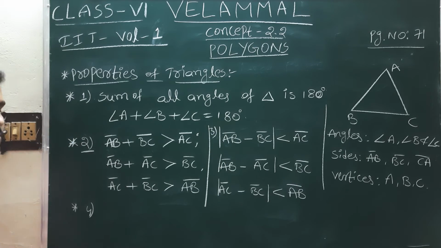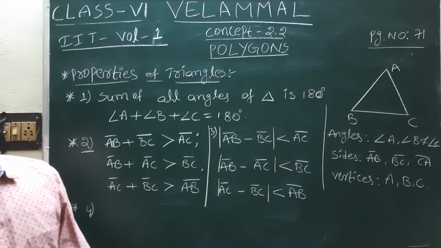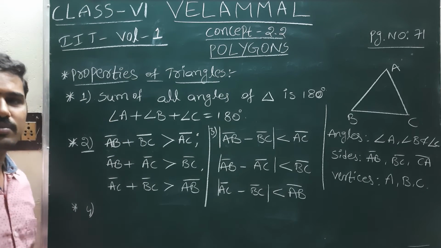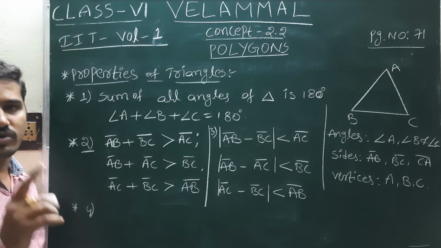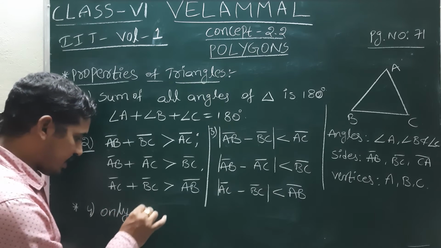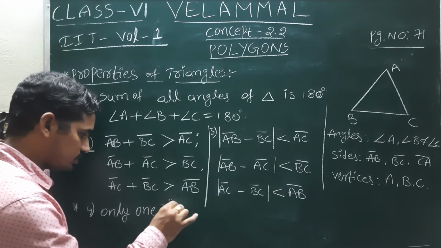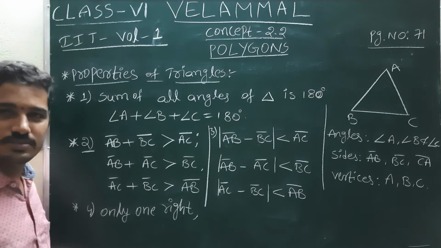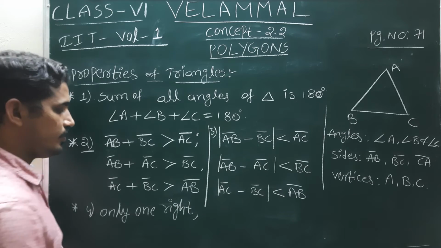The fourth point is a triangle can have only one right angle. The maximum number of right angles in a triangle is only one. Only one right angle must be there in a triangle.